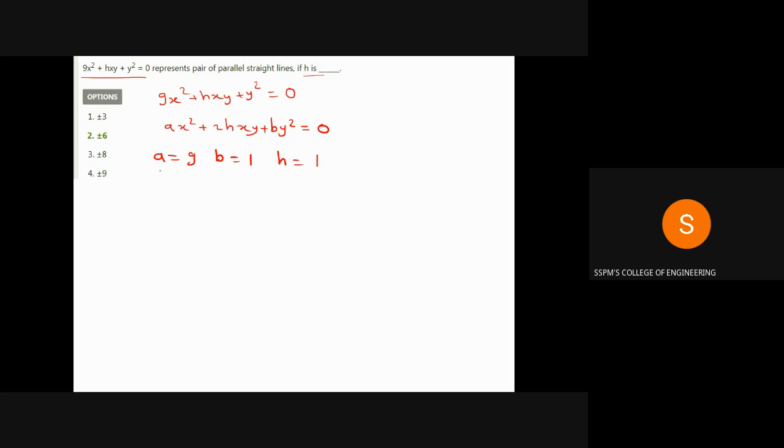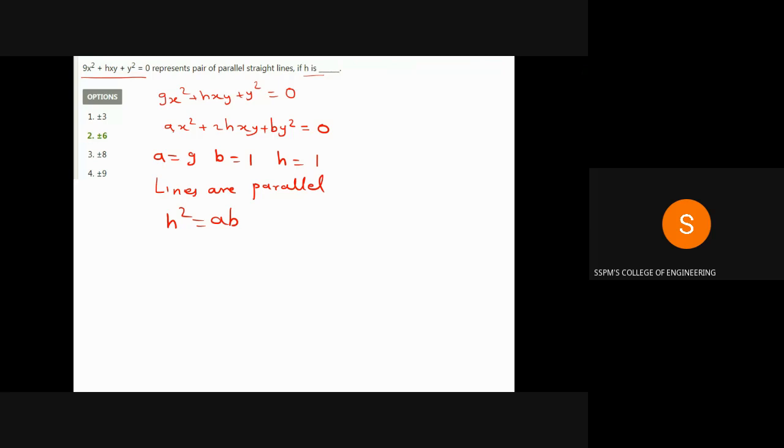But what is given? Lines are parallel. Therefore, h square is equal to AB.